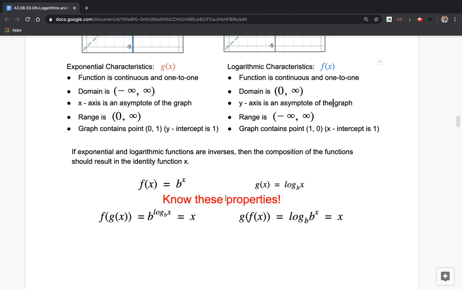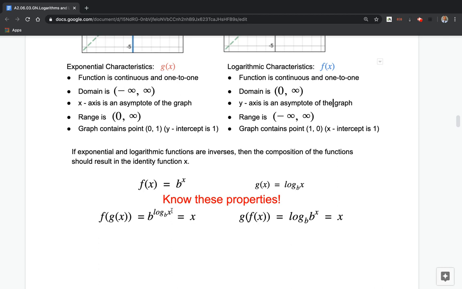The exponential and logarithmic functions are inverses. Then the composition of the functions should result in the identity function x. So we have f of x equals b raised to the x power, and g of x equals log base b of x. So we have to know these properties.